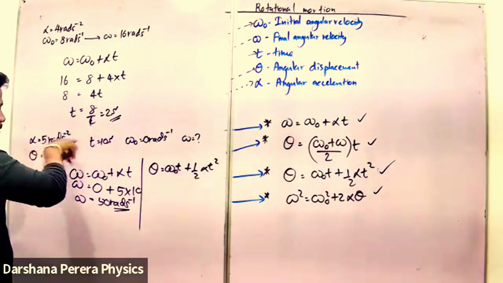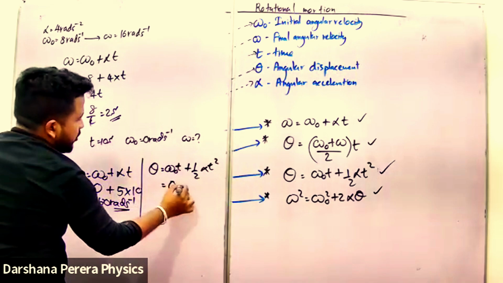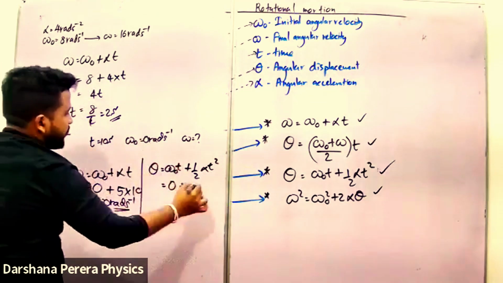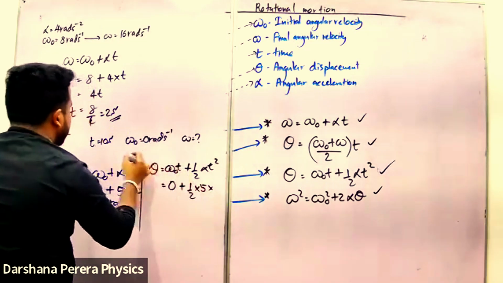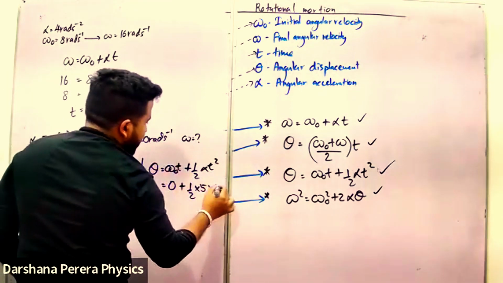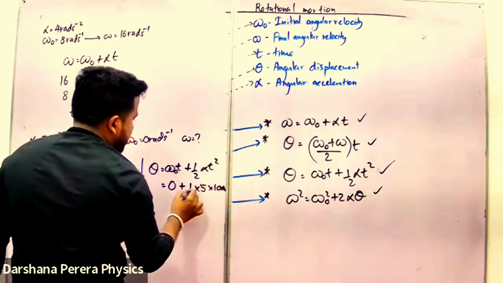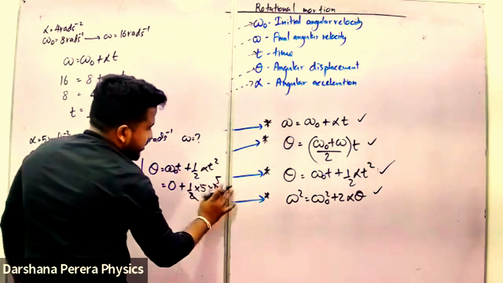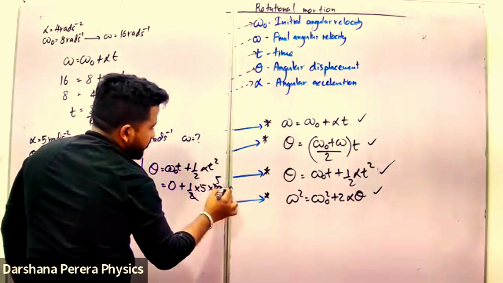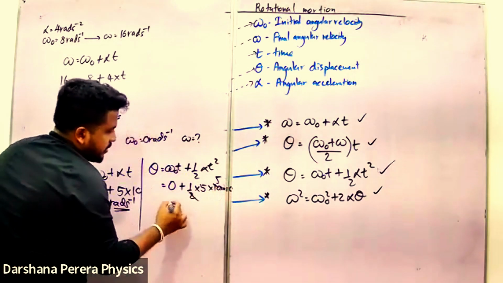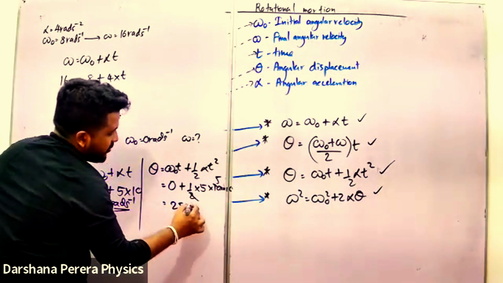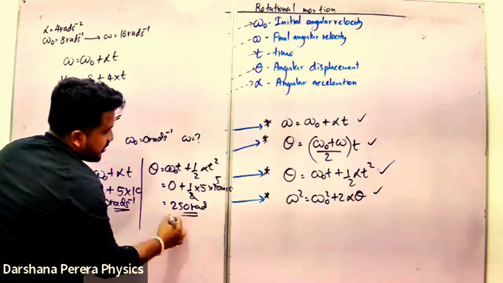Omega naught is 0, plus half, alpha is 5, t square is 10 square, 10 into 10. That means 5 into 10 into 10 by 2, that is 25 into 10, 250 radian. Your answer is correct.